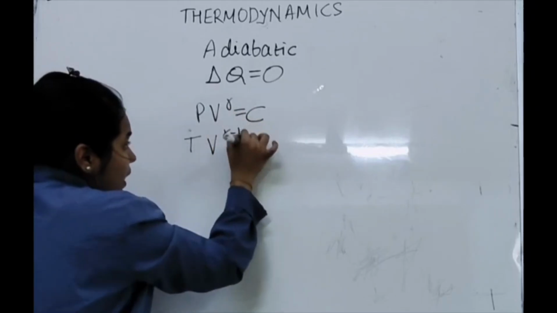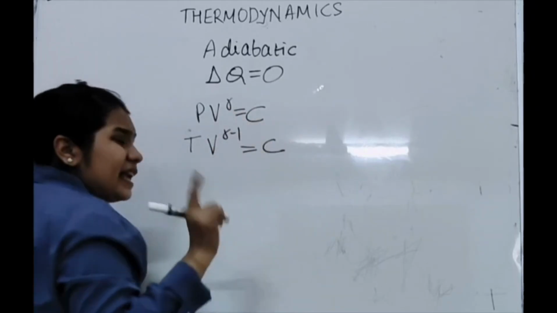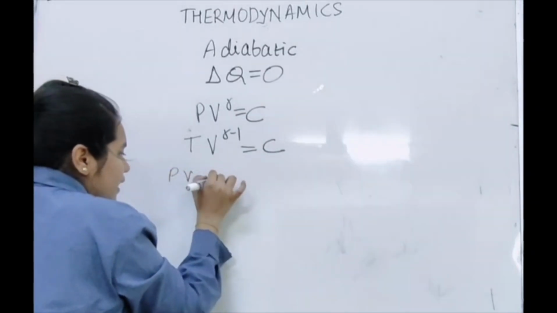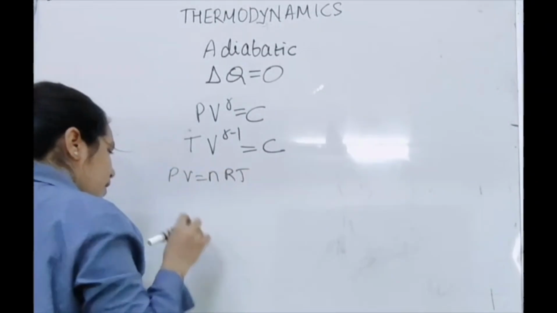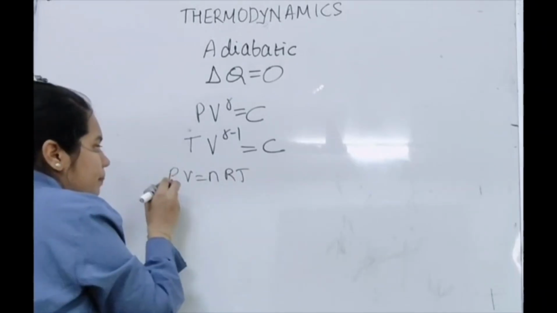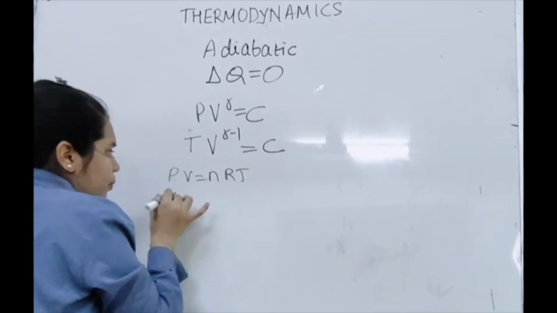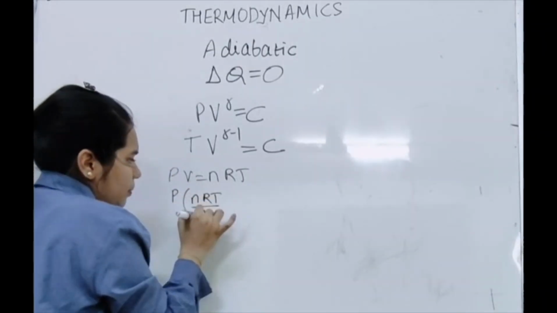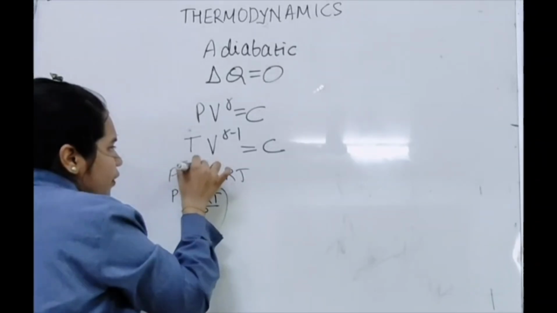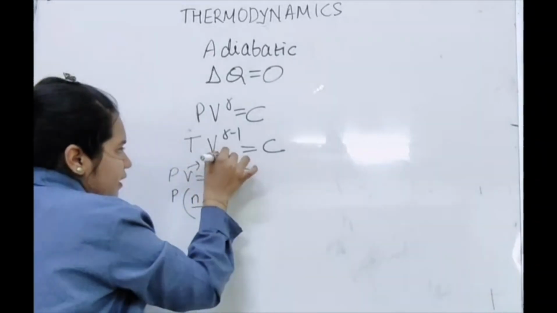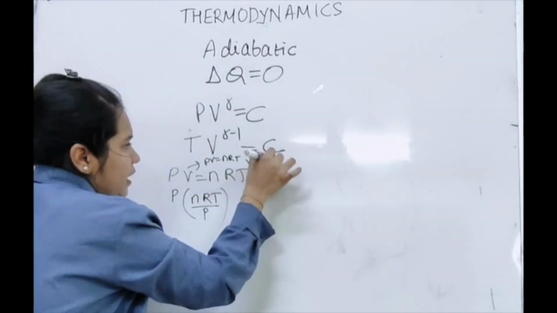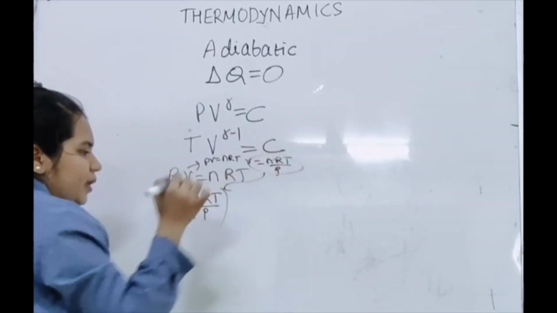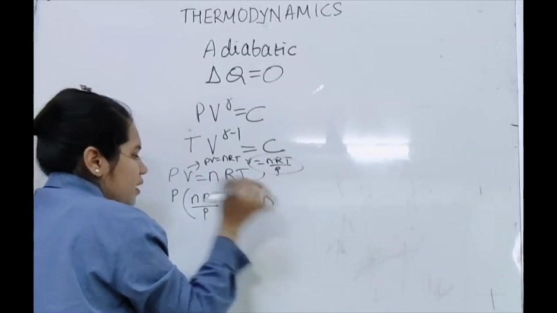TV gamma minus 1 equals constant. The last one is a bit confusing, so we will write the equation PV equals nRT. Now instead of V, we are going to put V equals nRT by P, and insert it into the first equation, equals constant.